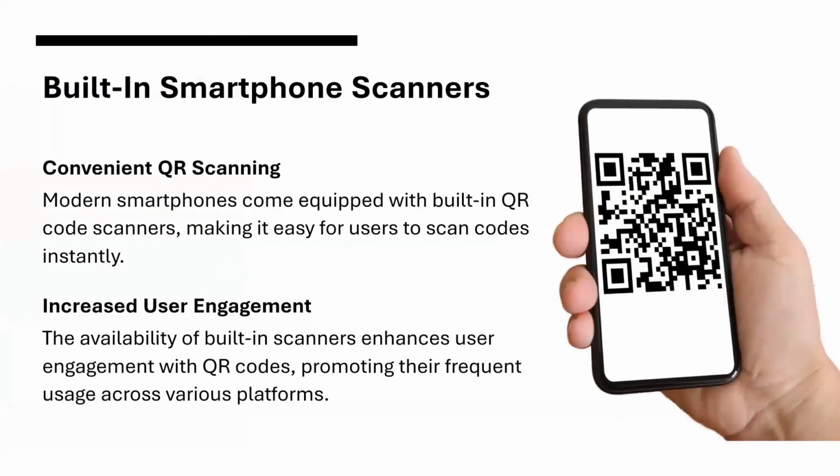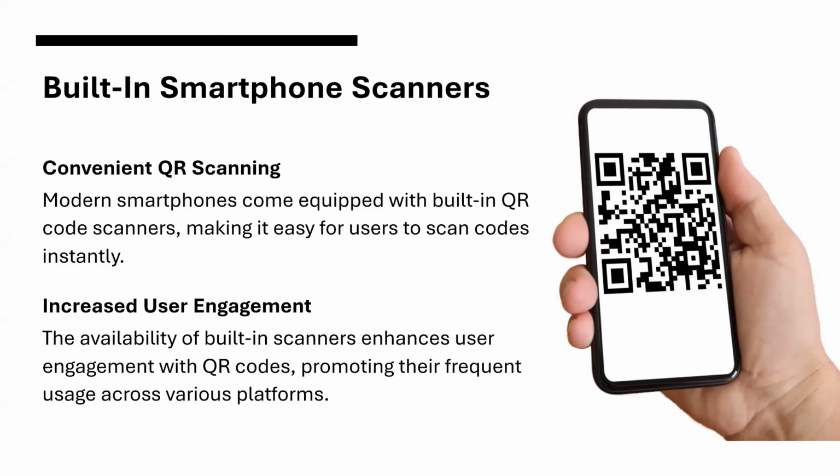Also, updates in technology mean that almost every smartphone has a built-in scanner. You used to have to download an app in order to read QR codes. You don't have to do that. With the phones that are coming out over the last 5 or 6 years, they have built-in code scanners, making it so all you have to do is open up the photo process on your phone, like you're going to take an image, and it automatically scans the QR code.